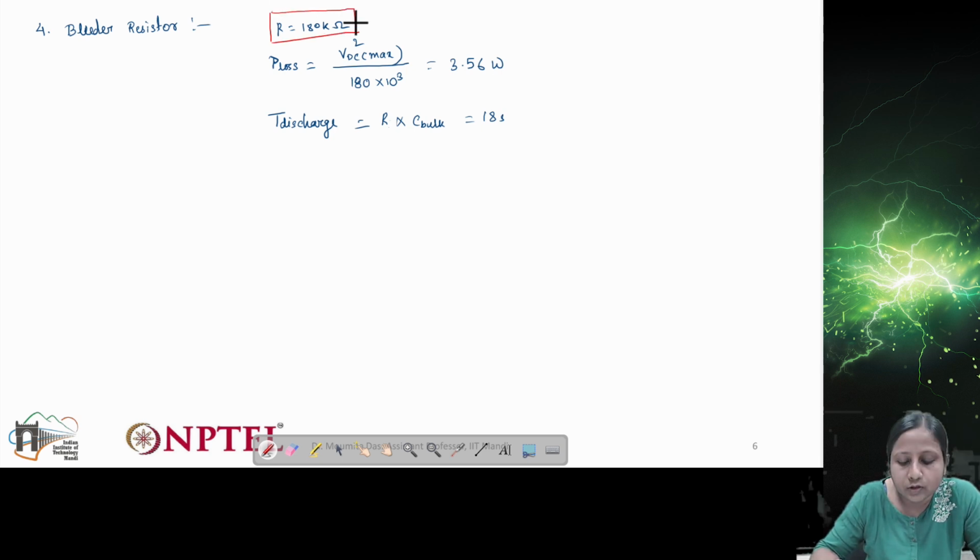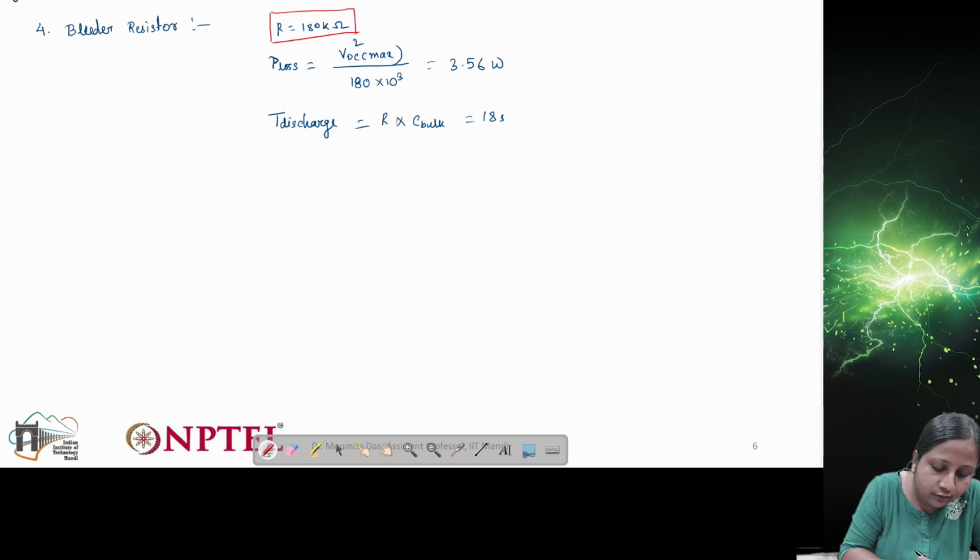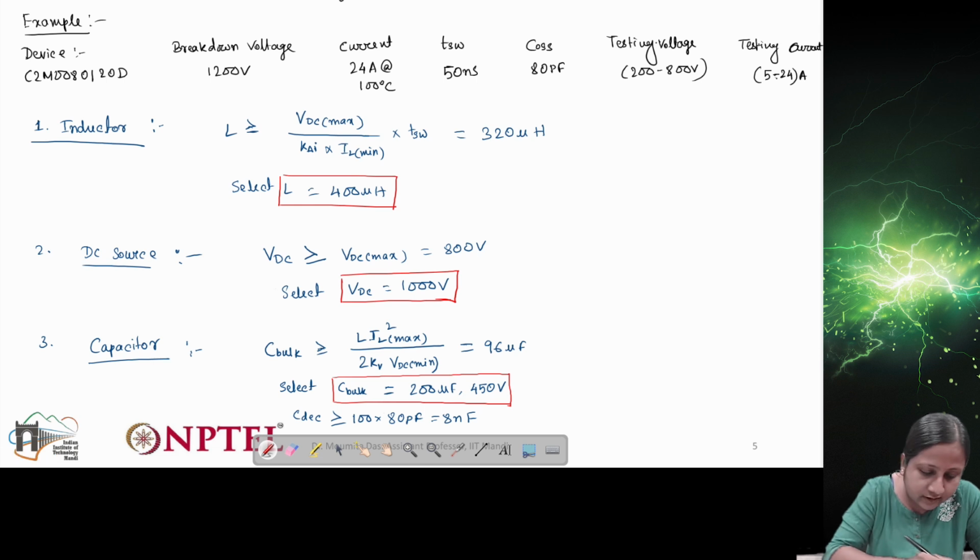Okay. So now we have all the components which are required for this DPT implementation. Let's consider C decoupling.